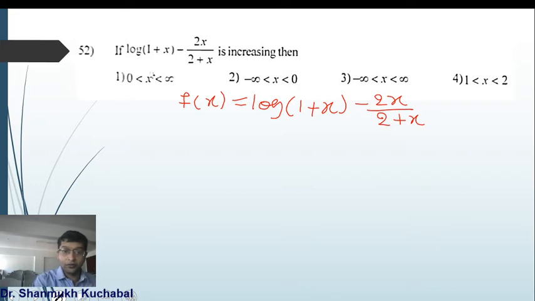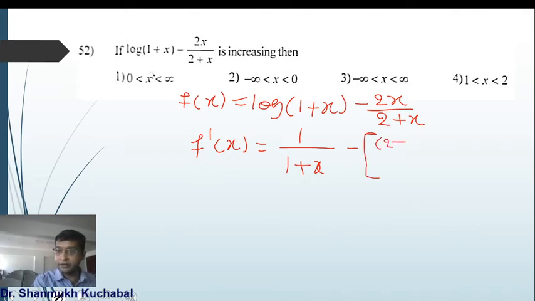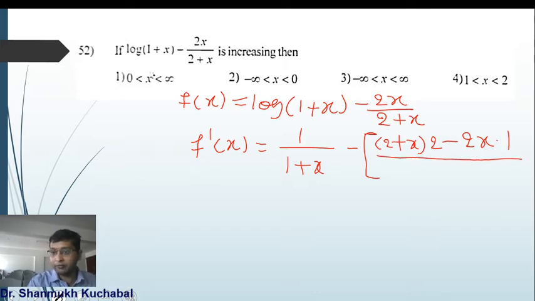Okay, so we'll find the differentiation, f dash of x equal to, the differentiation of log is 1 by 1 plus x. Then we have to use the quotient rule: denominator as it is, numerator differentiation we get as 2, minus numerator as it is, denominator derivative which is 1, whole divided by denominator square, 2 plus x whole square.